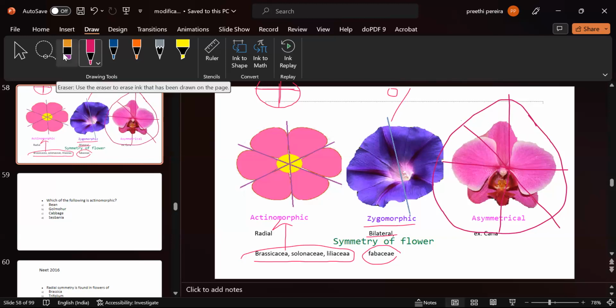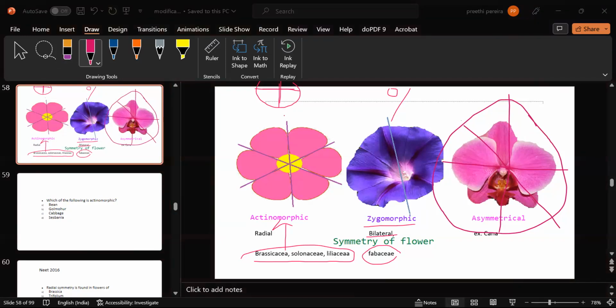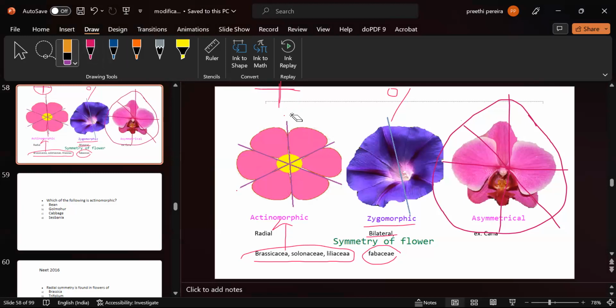Okay. Next we will go for radially symmetrical. इस फ्लावर को किसी भी डायरेक्शन में कट कर लो. Cut it in this half, you'll get two equal halves. कट, उसके बाद फिर से ऐसे वाले डायरेक्शन में कट कर लो. Cut it like this.